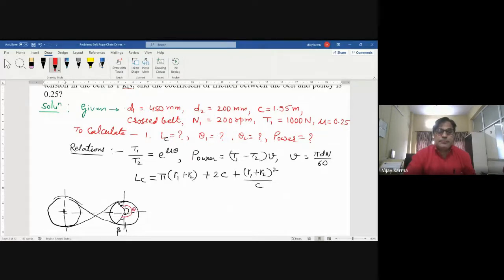Okay, this is theta 2. And here this is happening. So this is the total angle of contact. Here theta 1 and theta 2 are there. This beta, this is also beta. So this is related with the radius of the pulley and the center distance.